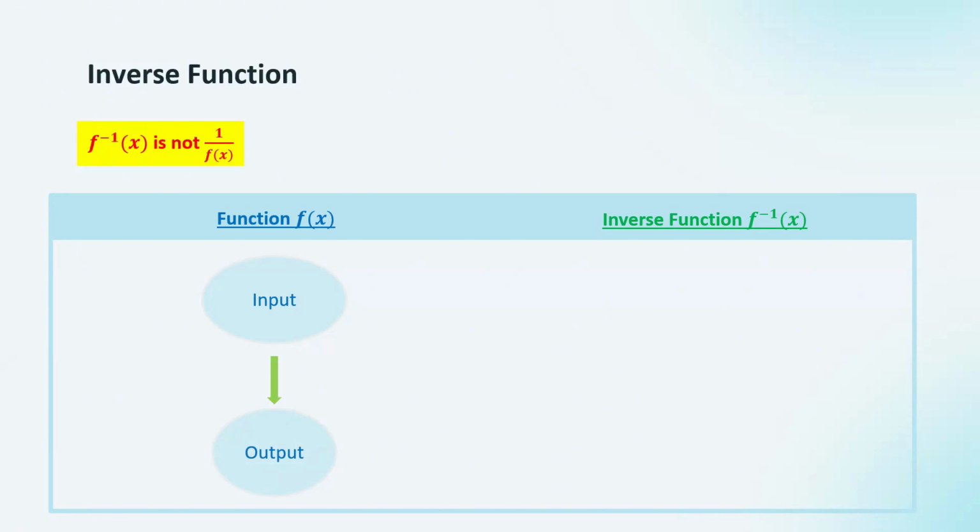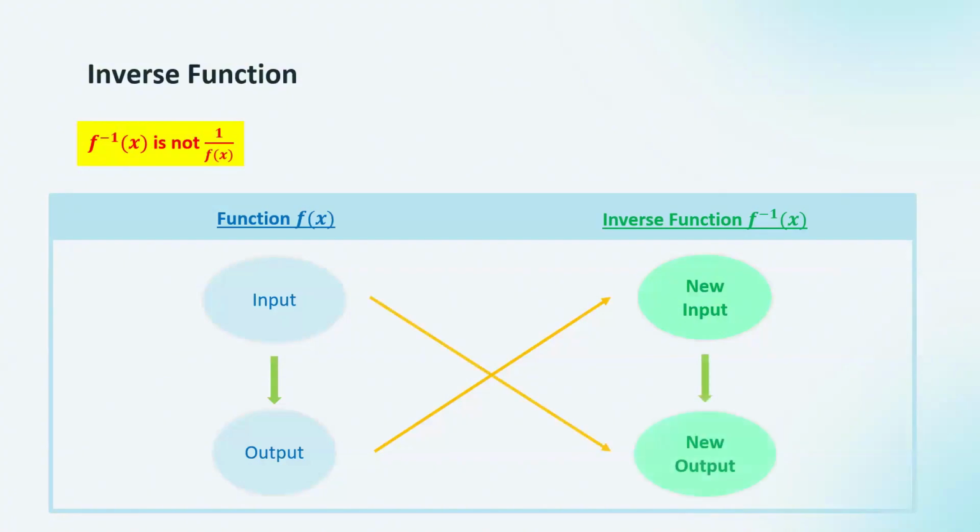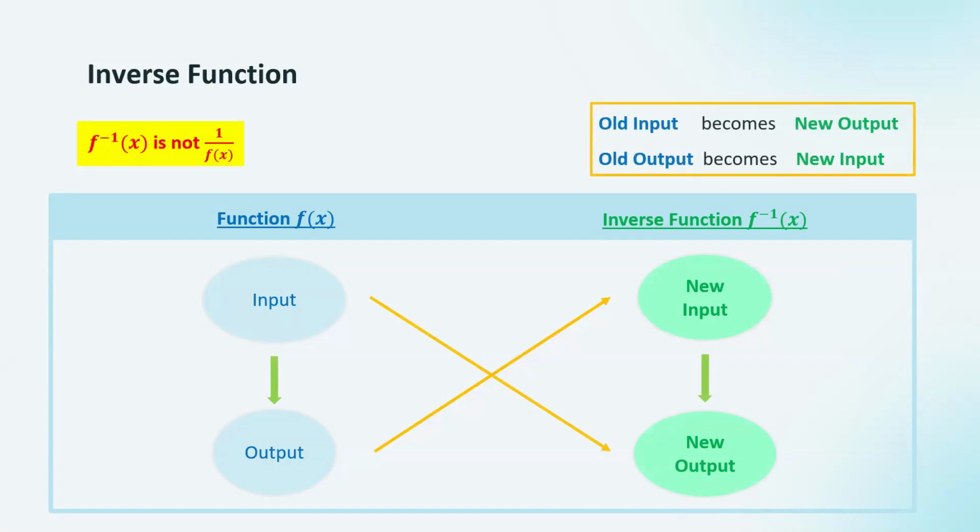Inverted, which means the original output is now the new input, and the original input becomes the new output. So we have a simple diagram to memorize: old input becomes new output, old output becomes new input. I think this one is easy to memorize, yeah?